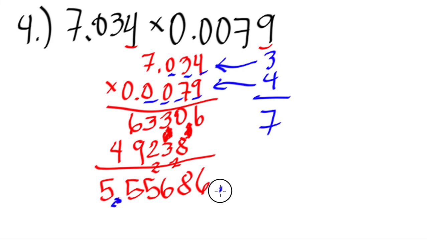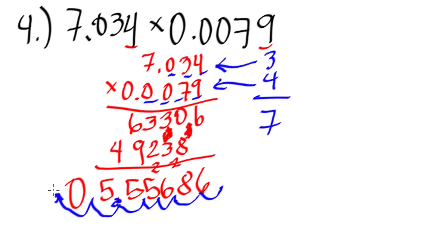Starting from here, we're going to move 7 places to the left: 1, 2, 3, 4, 5, 6, 7. As part of the rule, we put 0 as our placeholder for those which are blank.